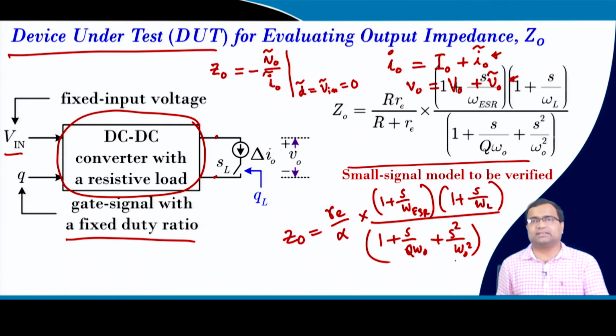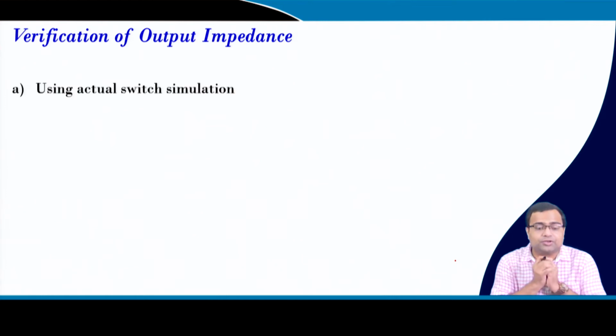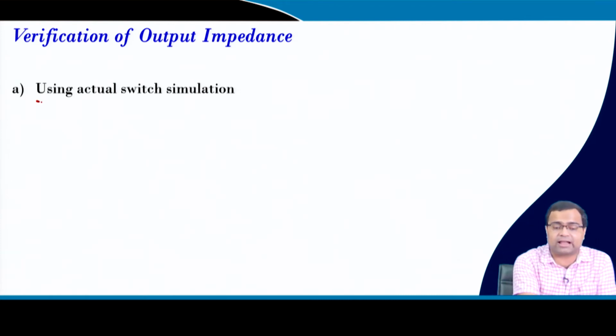This we have already discussed. Now, we want to verify the output impedance. With whom do we verify? Because we derived the small signal model from the actual switching converter, the response of the small signal model must match the response of the actual switching converter. That means using an actual switch simulation.